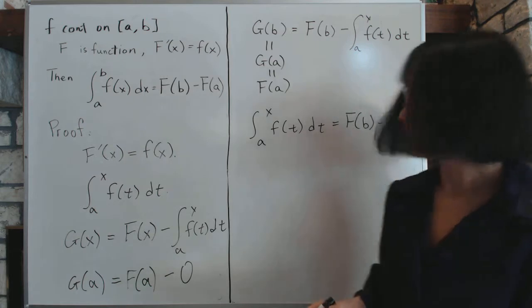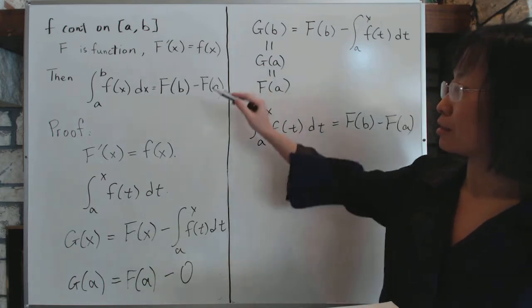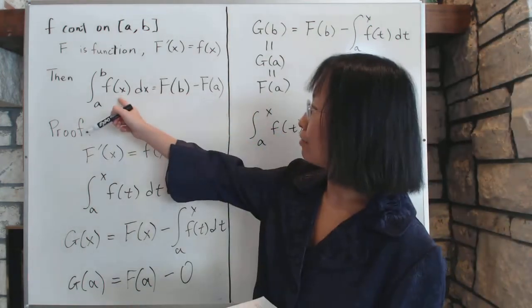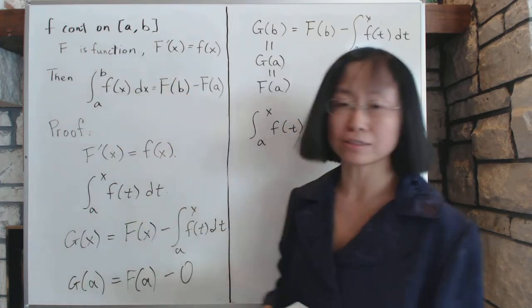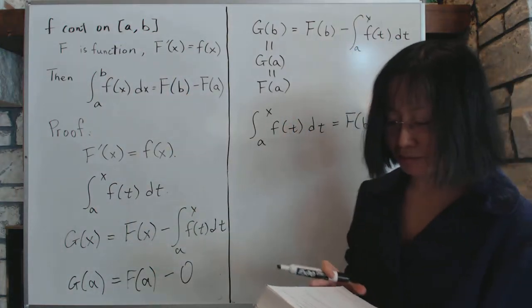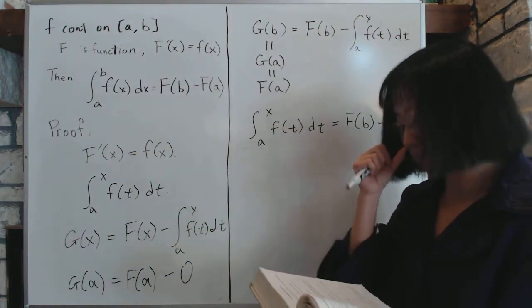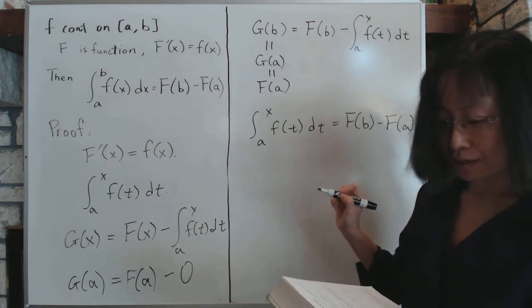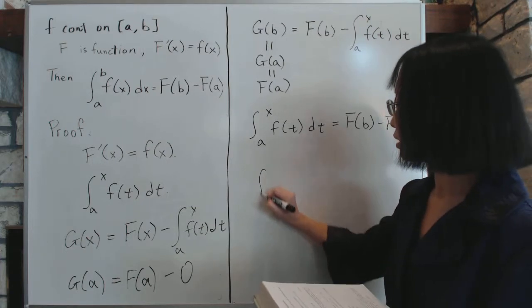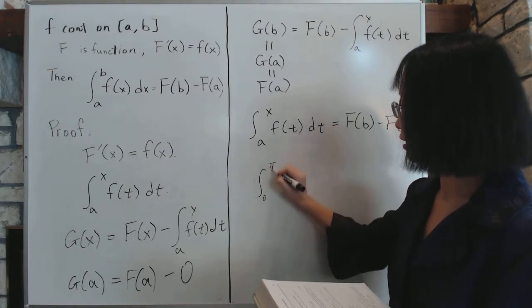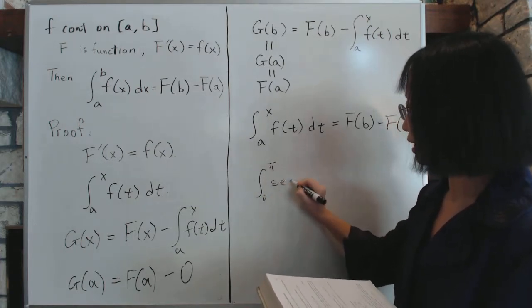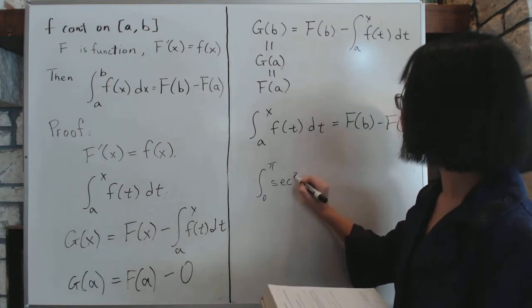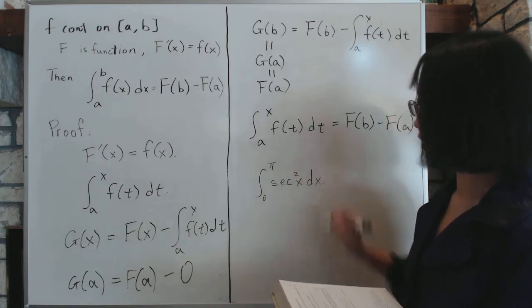Now, it is very important when you calculate this to notice that the condition is that f has to be continuous on the closed interval. As an example, let me show you a quick situation where you calculate the integral from 0 to pi of secant squared x dx.